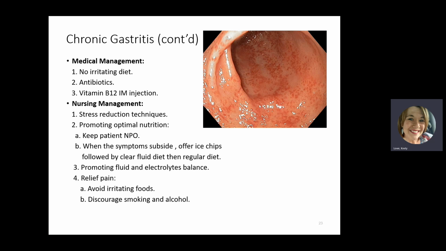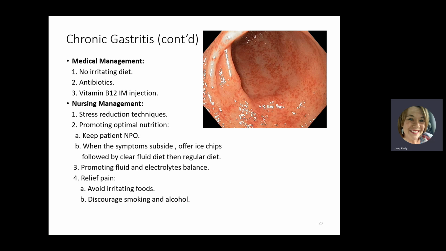Promoting optimal nutrition. We may be keeping the patient in. Maybe they have so much damage that they want it to heal. When symptoms subside, then we may offer them some clear liquid. Even if they do some cauterization of those areas, we're building that diet back up. We want them to stay hydrated and get electrolytes, so they could have some IV fluids if they're inpatient. We relieve their pain, but not with things like NSAIDs or aspirin.